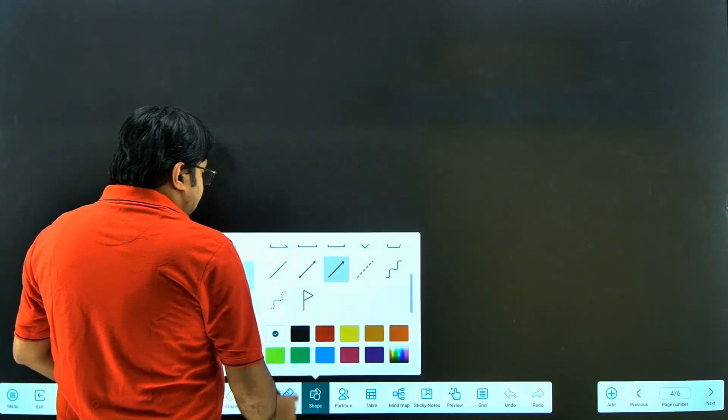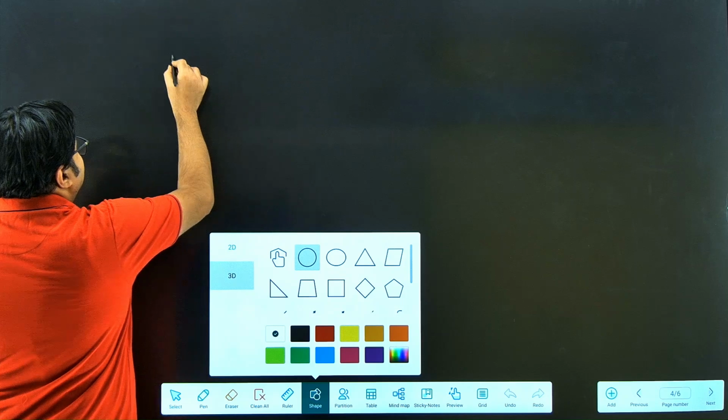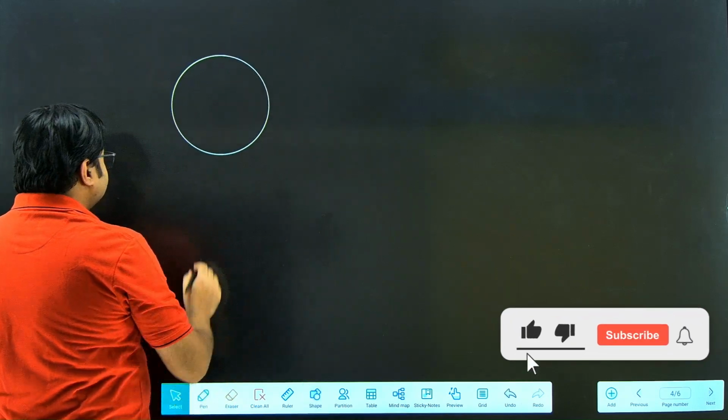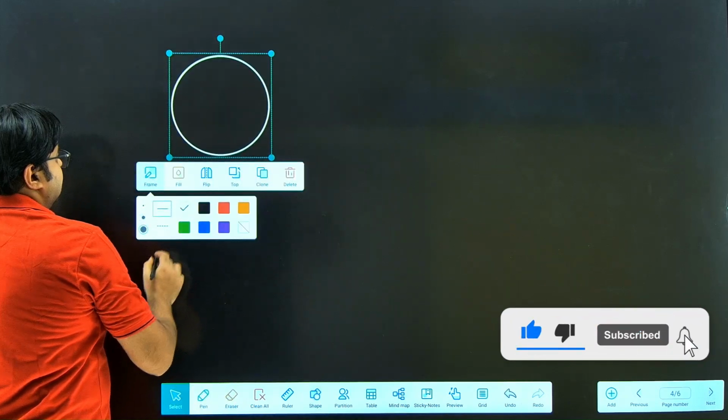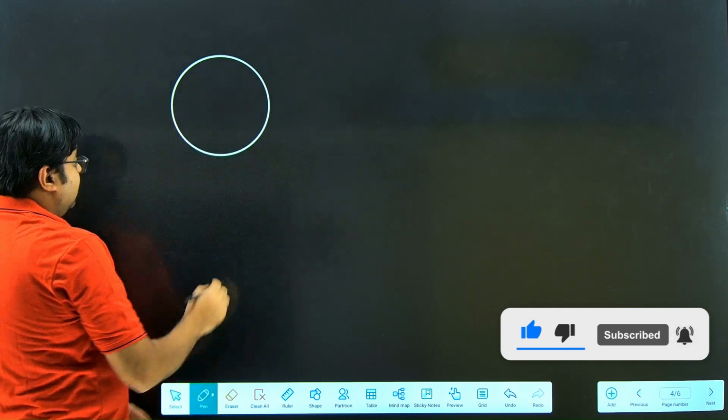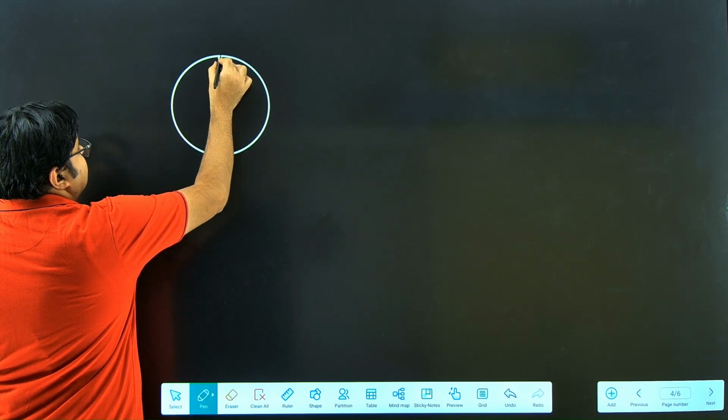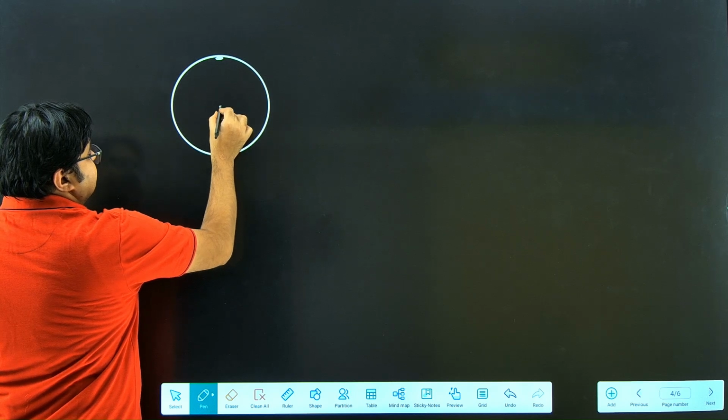Let's start with something that we can easily understand. Let's take a circle, and this circle is the orbit of the earth. Let's assume that's the orbit of the earth. Here is the sun.